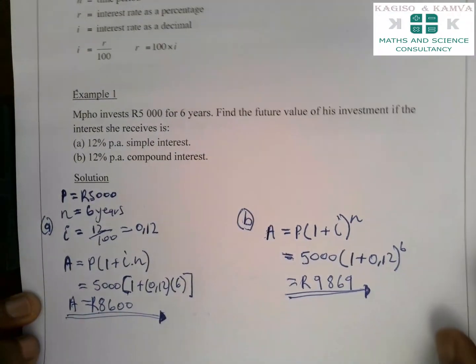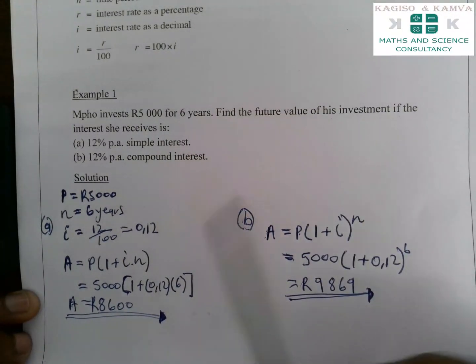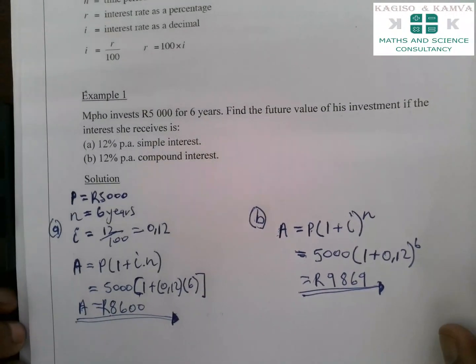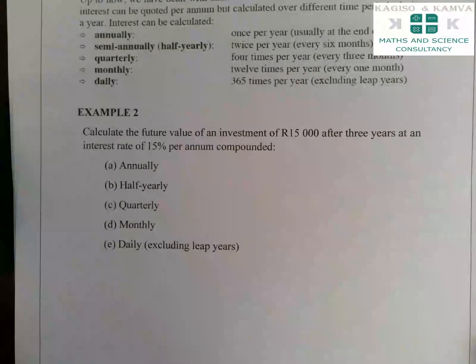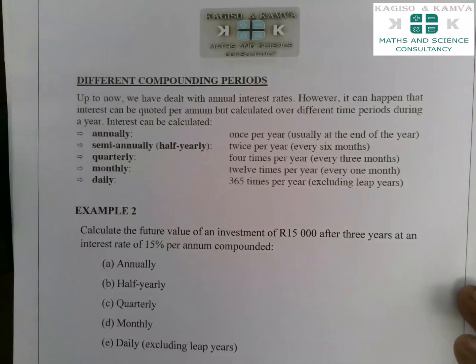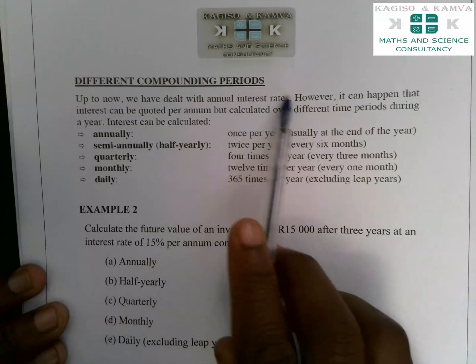Now this was just a small revision of what we were taught in grade 10. We also have different compounding periods. Up to now we have dealt with annual interest.